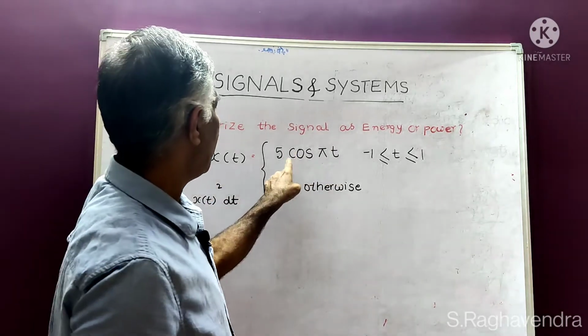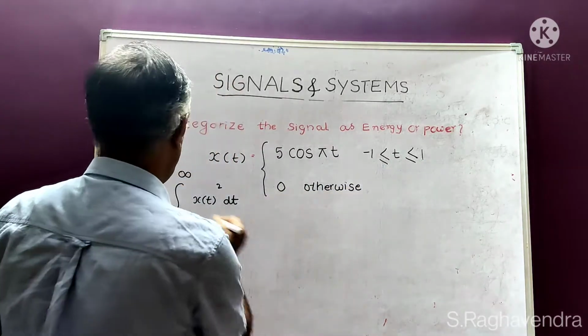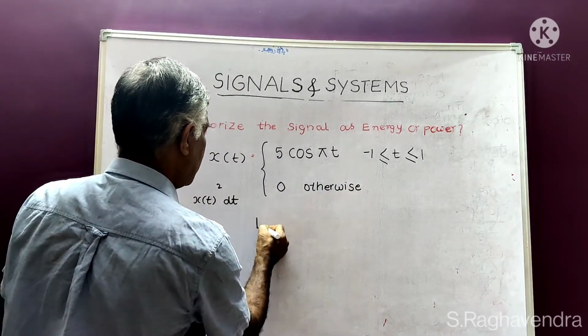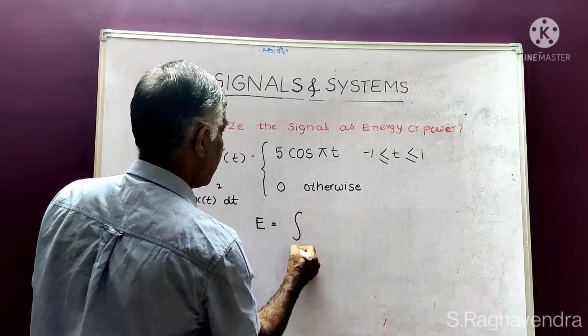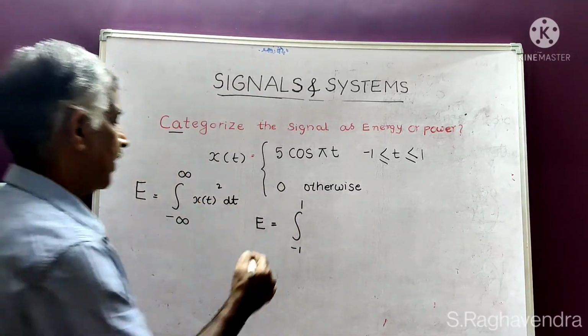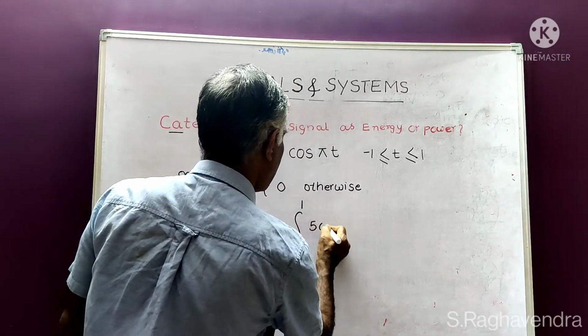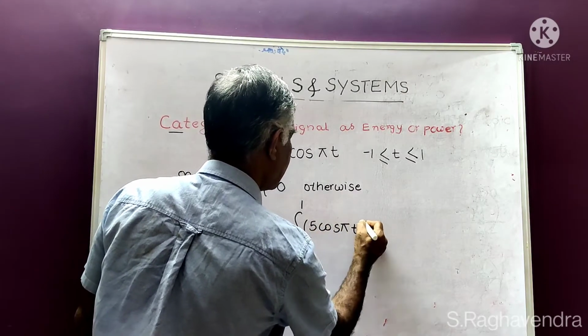In this problem the function is defined only between -1 to 1. Therefore the energy calculation is restricted to this range from -1 to +1, and x of t square is 5 cos pi t whole square dt.